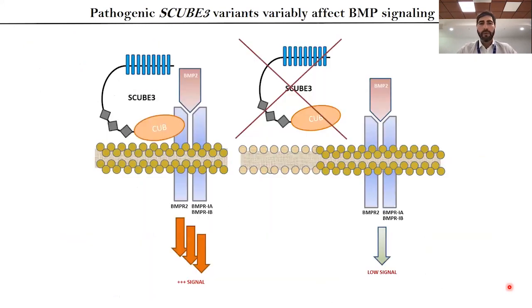In the next slide, we tried to recapitulate and generate the disease model. In the first cartoon, on the left, this is the scenario in which SCUBA3 works. When SCUBA3 works, it is able to bind the ligand BMP2 and receptors, so the final effect is powering the BMP signal.